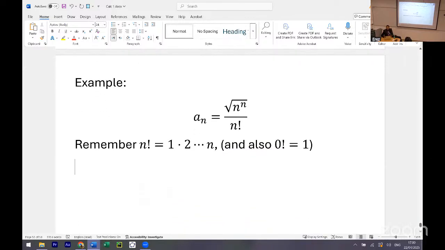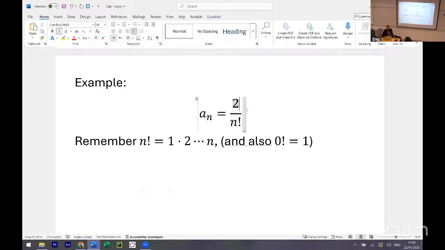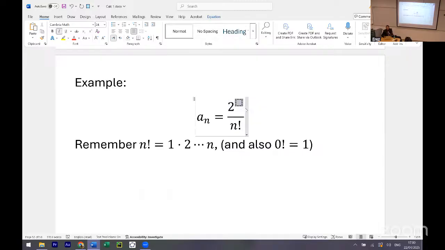Let's change the question. No, it was stupid of me. Sorry. 2 to the power of n squared over n factorial. I'll tell you why I changed the question.